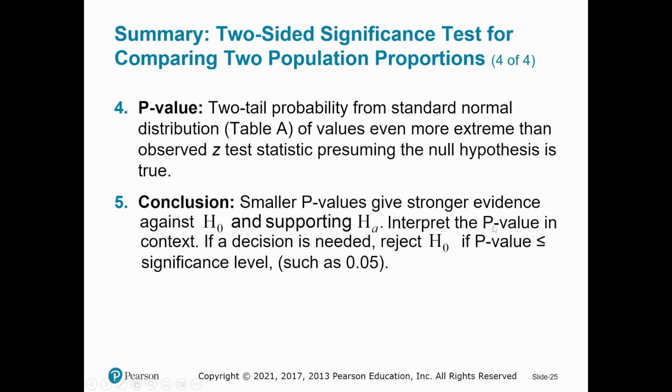Interpreting the p-value in context. If a decision is needed, we reject the null hypothesis if the p-value is less than or equal to the significance level. And this 0.05 is the 5% significance level.